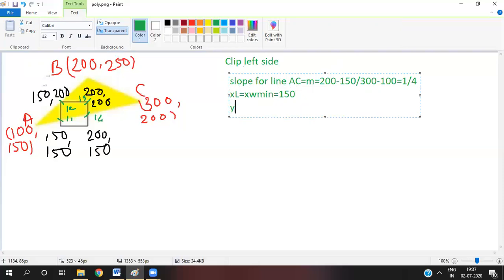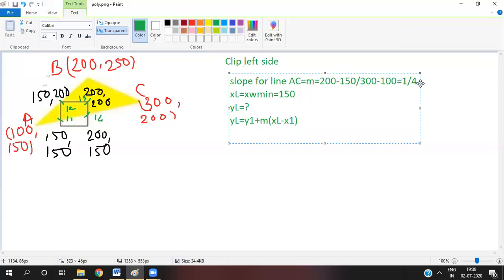What about YL? YL is not known here, so we are going to calculate it. Write the formula which we saw in the previous lecture: YL equals Y1 plus M into XL minus X1.